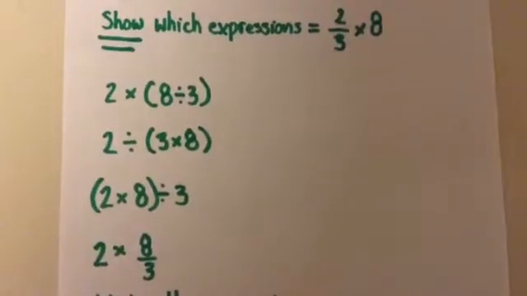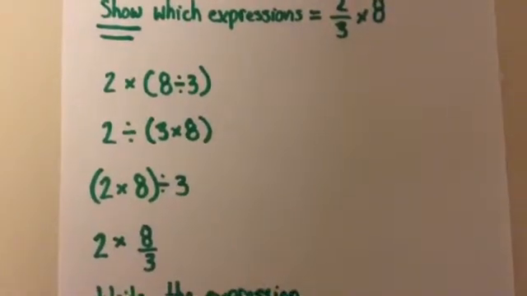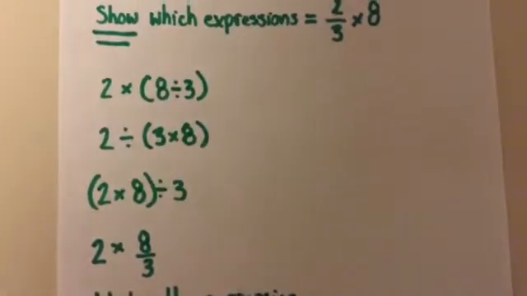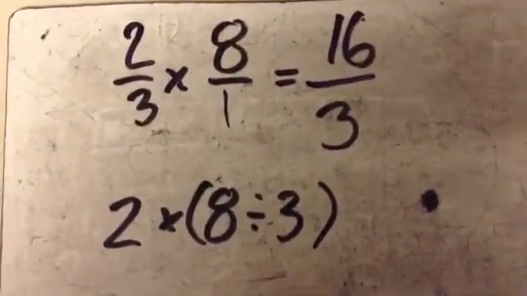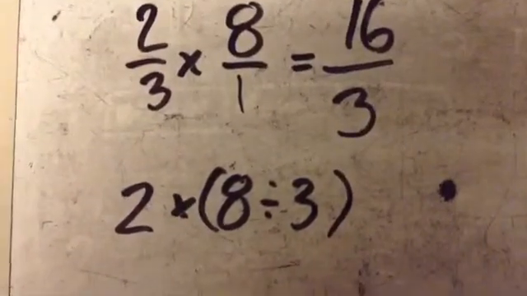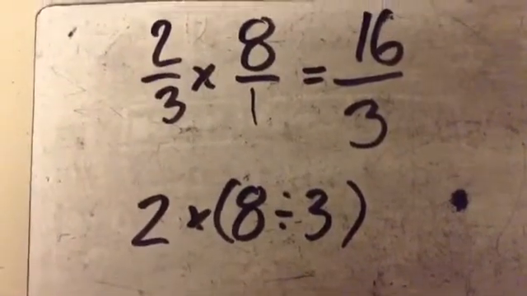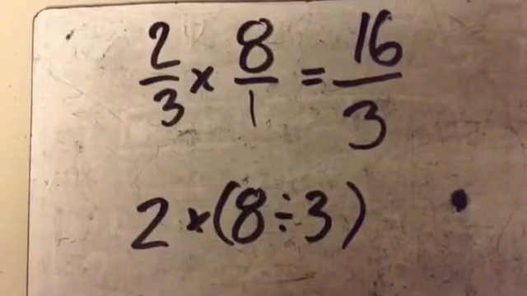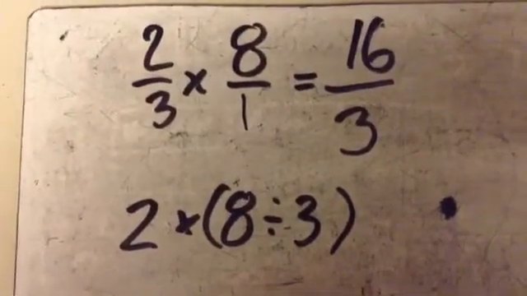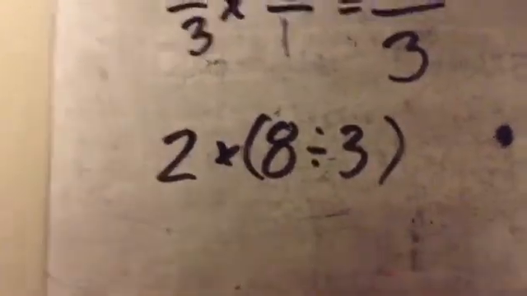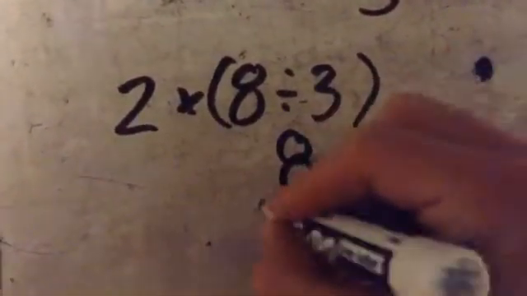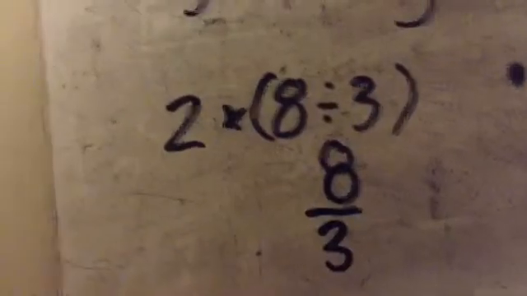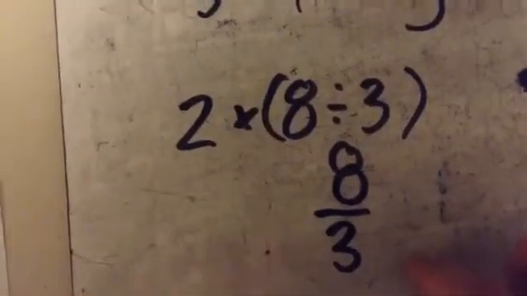Alright, so my first expression they give me is 2 times 8 divided by 3 in parentheses. The reason I told you to keep your original improper fraction here is because they're not actually asking us to solve anything. They just want us to recognize that a fraction means divide. So what I'm going to do here is take 8 divided by 3 and write it as a fraction, because 8 divided by 3 is the same thing as 8/3.